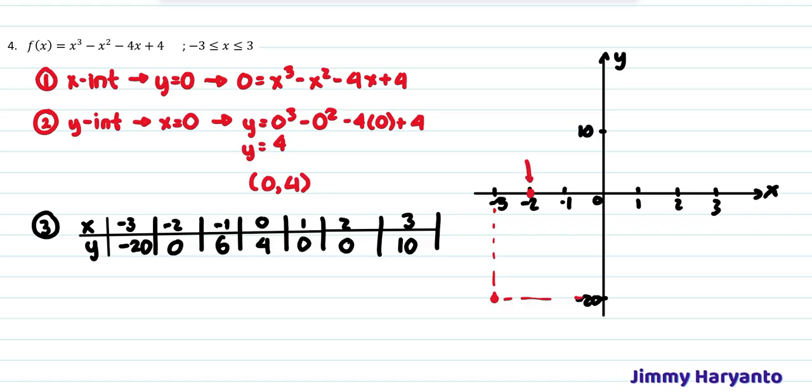Oh, because this one is at the x-intercept, that means this is one of the x-intercepts. So when you calculate this later, you will get (negative 2, 0). And then (negative 1, 6) maybe around there, and then (0, 4), and then (1, 0), (2, 0), and then (3, 10). Okay, so we only have to connect them like this.